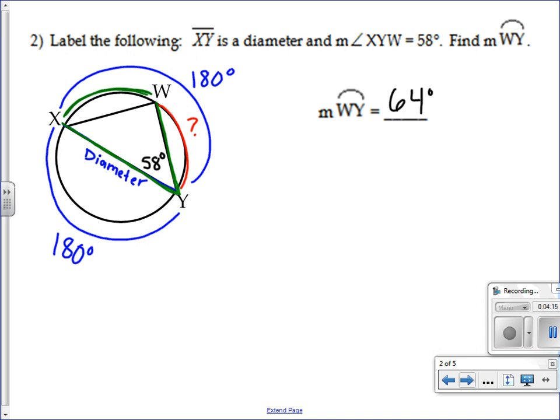In order to find that arc, you are going to double the angle, because that is the rule for inscribed angles. This is going to be 116. And then we're going to use the property of the 180 because you have a semicircle. Subtract the 116 from it, and that will give you the missing arc WY. So that is 64.